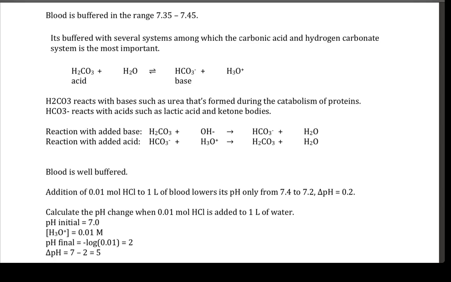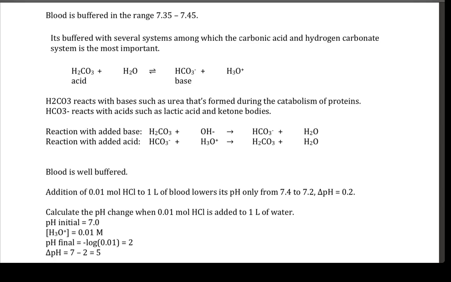The reaction with added base, so that would involve the acid part of our buffer, the H2CO3 plus that added OH minus, yields HCO3 minus plus H2O. The reaction with any added acid, well, that would be the base part of our buffer, HCO3 minus plus H3O plus, forming H2CO3 plus H2O.